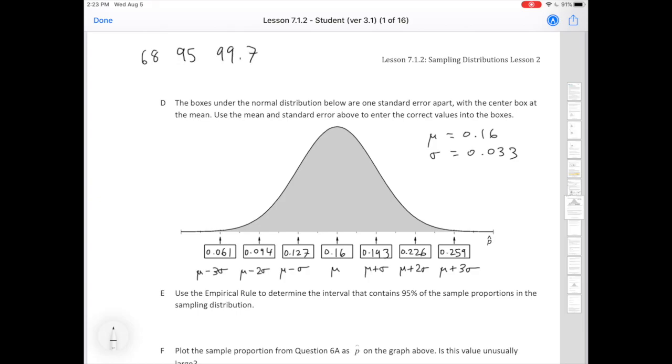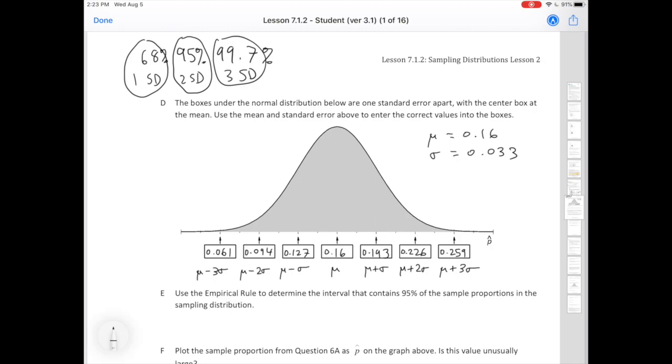So the empirical rule says that if you want one standard deviation in either direction, that's contained by 68% of the data, and two standard deviations is going to be 95% of the data, and then three standard deviations is going to be 99.7% of the data.